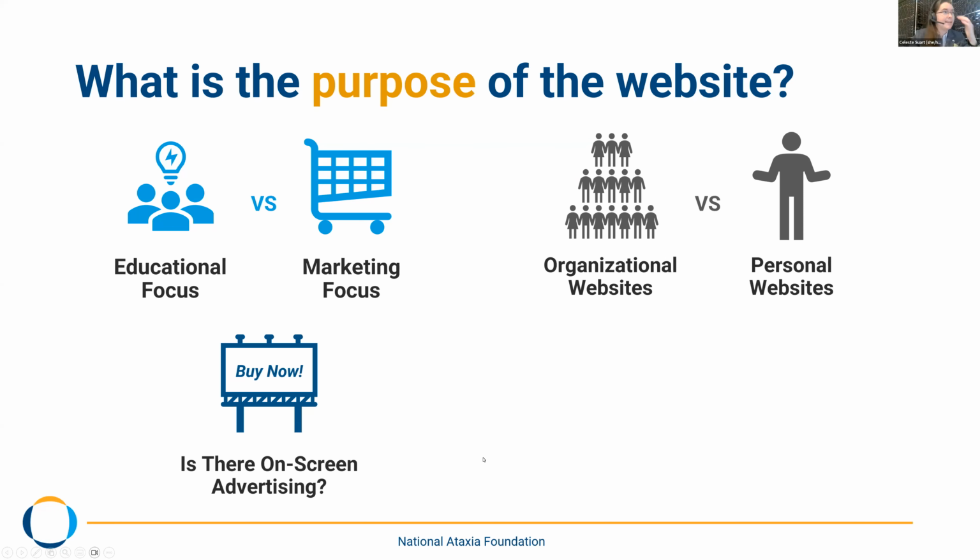Another thing that I like to ask myself when thinking about the purpose of the website is if there is on-screen advertising. So you may have seen this on some websites you visited where there are little ads in the corner or in the text itself, breaking up the article. This is one way for websites to make money.